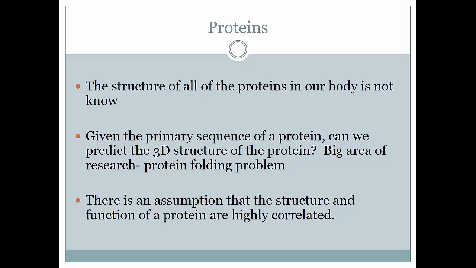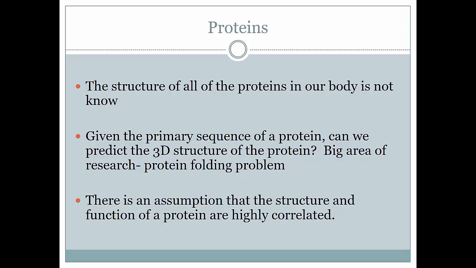Now, an interesting problem in computational biology is to discover what is the tertiary structure of a protein. How could we not know? Well, it turns out that it's fairly easy, relatively speaking, to identify a gene in your DNA sequence.